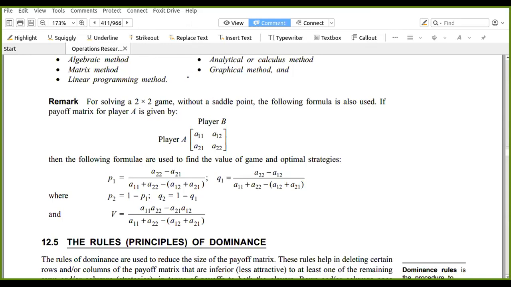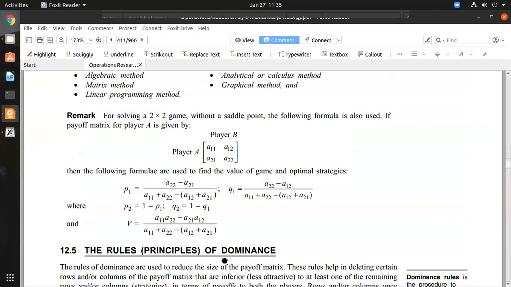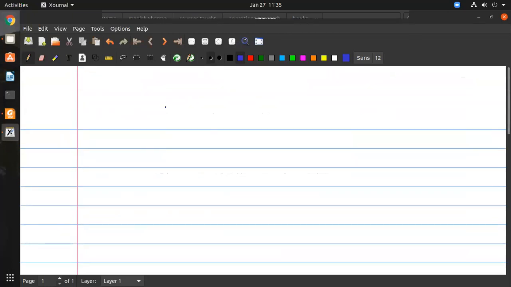Okay, I think the screen is not visible. Just one second. Students, is the screen visible now? Can you see my ruled page?